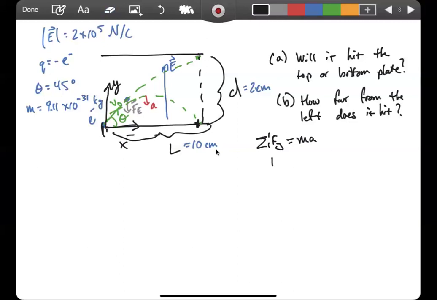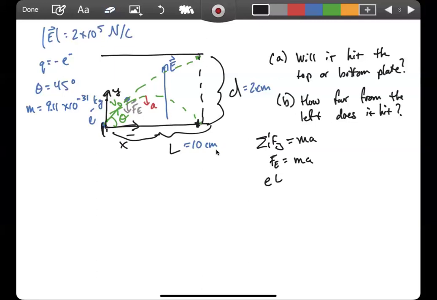The only force in this direction then, actually, I'm not going to take my positive to the right. I'm going to take it downward. Let me take it downward. Actually, no, I'll keep it upward. That's fine. But for this part, I'm just going to call y downward, so that I don't have to worry about the negative sign. So my force in this case is simply, again, ma.